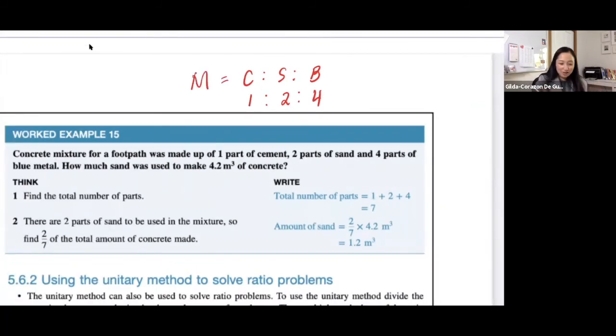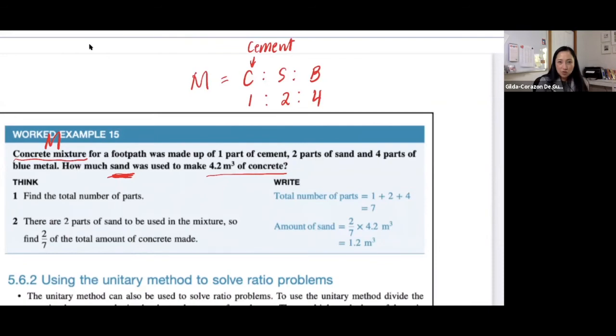So maybe we say just the mixture. Okay, so that concrete mixture is M. You might get confused that this is concrete, but that's actually cement. So it says there we're looking for how much sand we need when there's 4.2 concrete mixture.